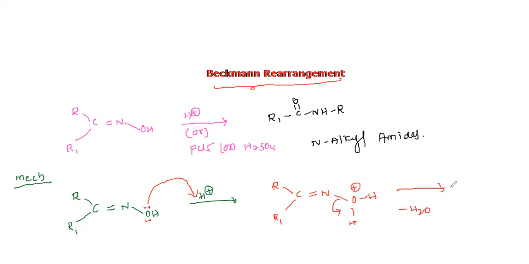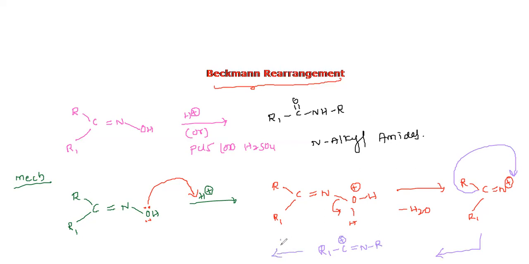Then it forms R, C, R dash double bond N plus, but it is unstable. So rearrangement is involved: the alkyl group shifts to nitrogen. So again R dash, C double bond N, R, with a positive charge.